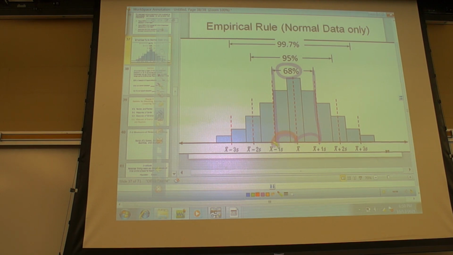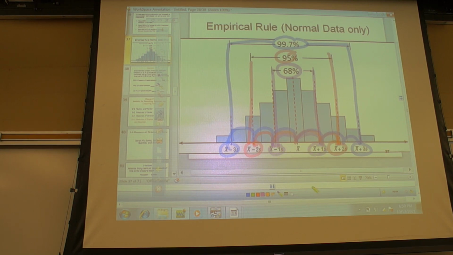If I go 2 standard deviations away in either direction, then right around 95% are going to fall between these two values. And if I go 3 standard deviations away, then right around 99.7% will fall between those two values. So that's what the empirical rule says. It's a lot more specific.